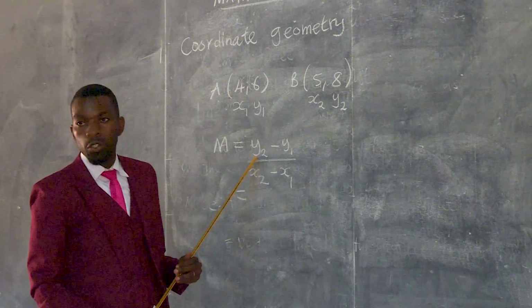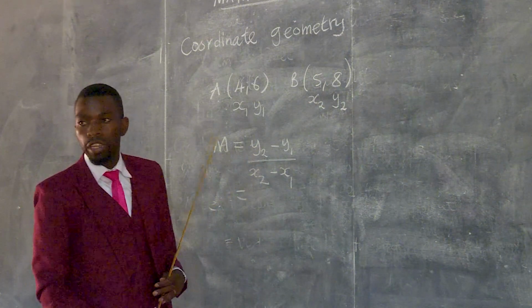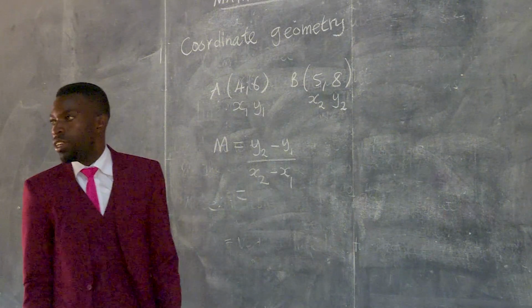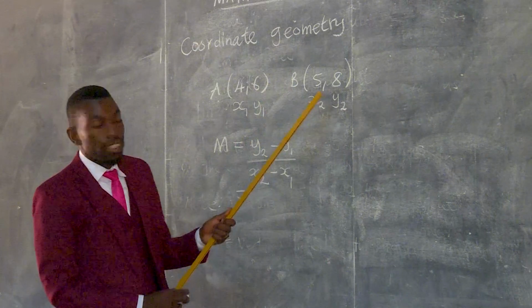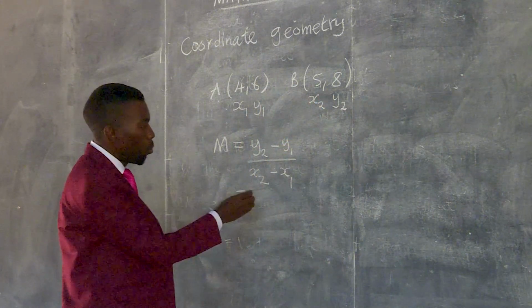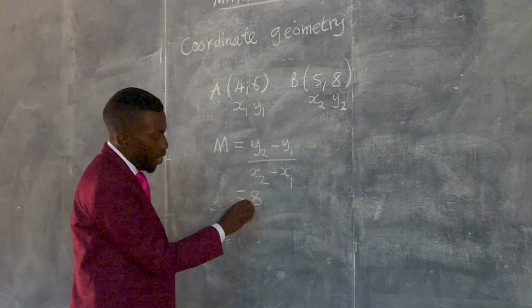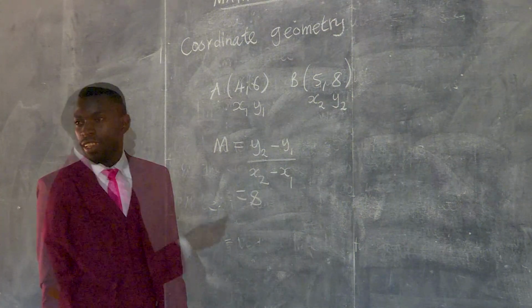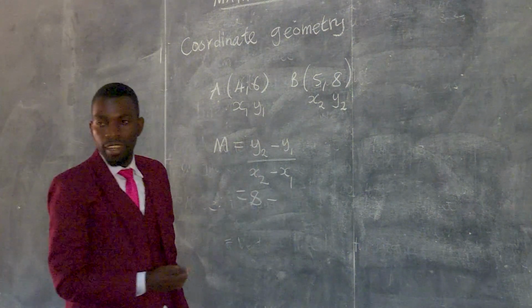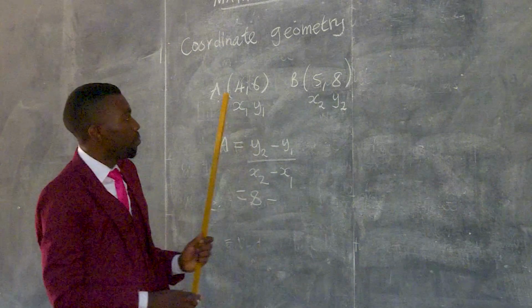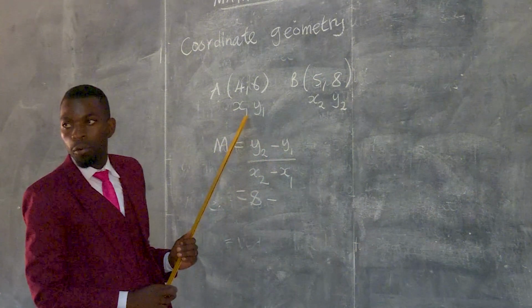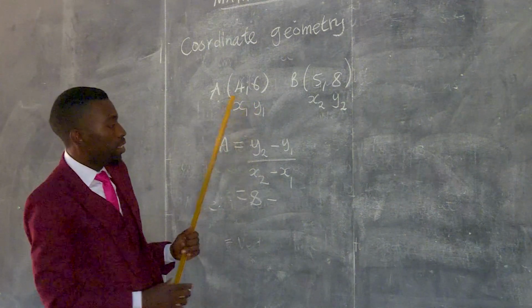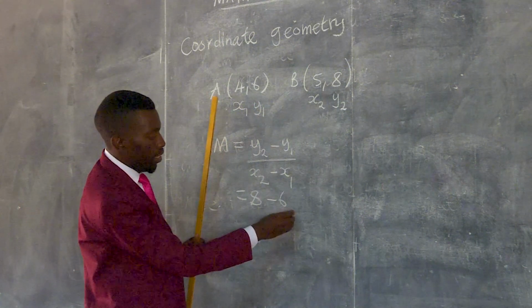So y2, what number are we going to put on y2? James? 8. So y2 is 8. So put 8. Okay? We move on. The next one is y1. So we have the labelled diagram. So y1 is equal to 6.